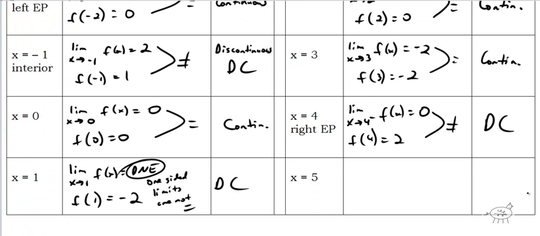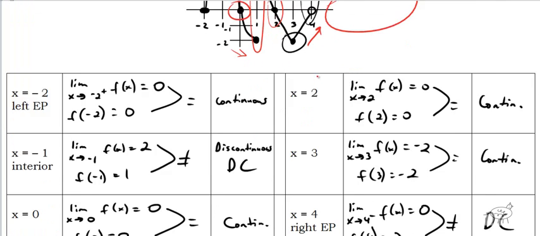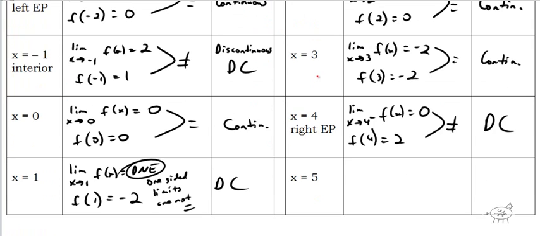And the last one is x equals 5. And you're like, what? x equals 5 is not even on the graph. You're right. x equals 5 is somewhere out here. In fact, it's not in the domain, and if it's not in the domain, it can't be continuous out there, because it's only defined between negative 2 and 4. So what you would write for this one is that it's discontinuous, and you would say it's not in the domain.